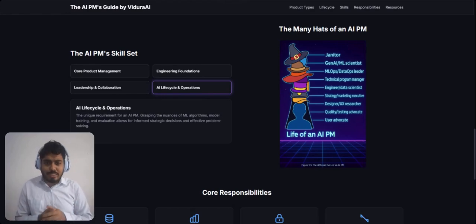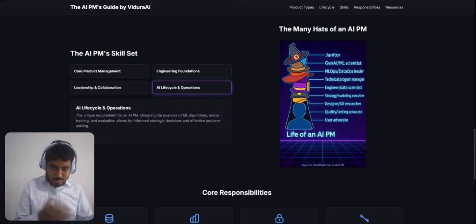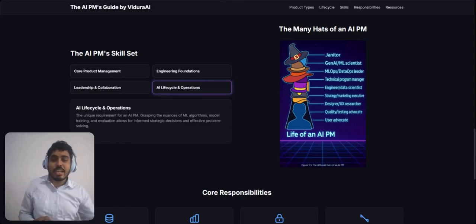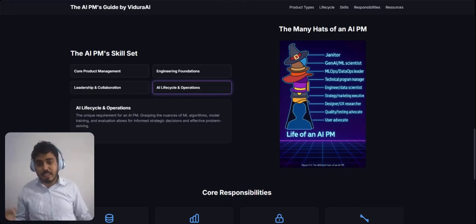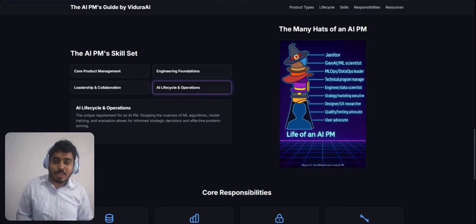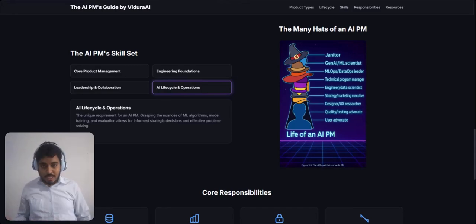And you might be wondering what this is on the right side: on top of the person there are many hats. As you can see from the diagram, this is how an AI PM looks. An AI PM truly wears many hats, from janitor to Gen AI ML scientist, from ML Ops leader to technical program manager. A lot of roles are on top of our AI PM. It means you are simultaneously an engineer, strategist, designer, quality advocate, and user champion.